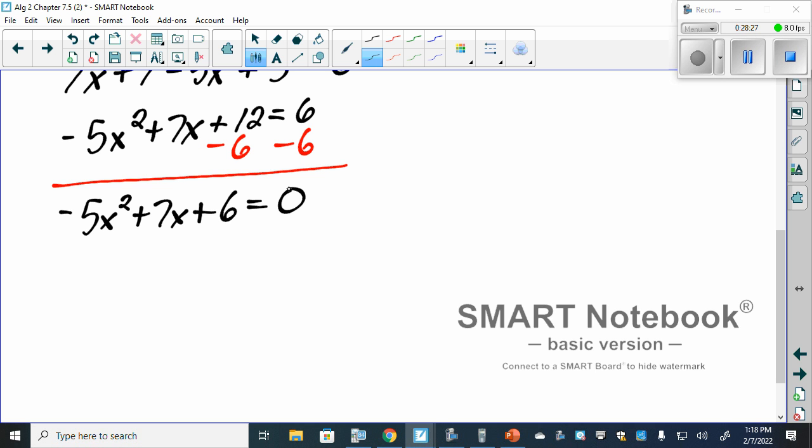But this is factorable. Personally, there is a greatest common factor I would pull out. The negative. I would pull out the negative 1, because it's going to make this a lot easier to work with. If we pull it out, we'll have positive 5x squared minus 7x minus 6.